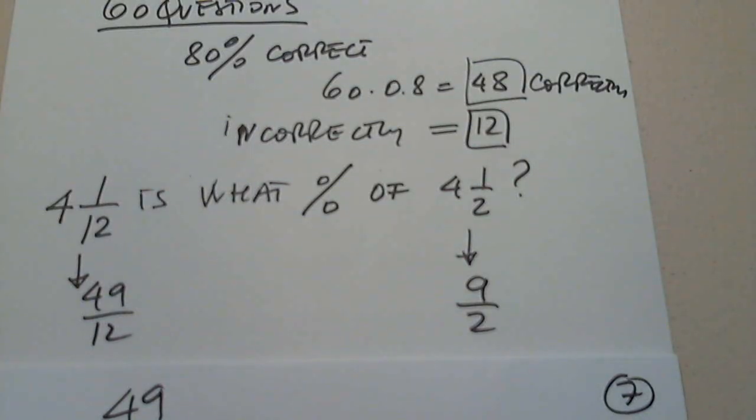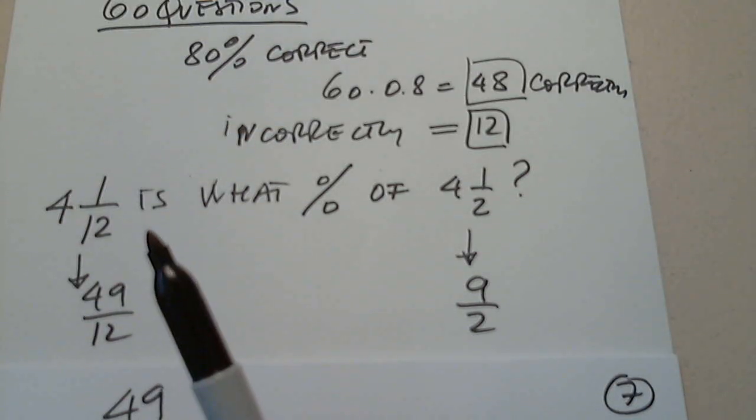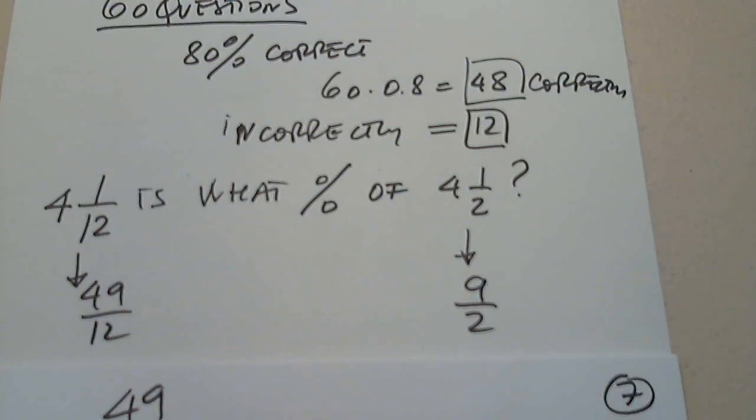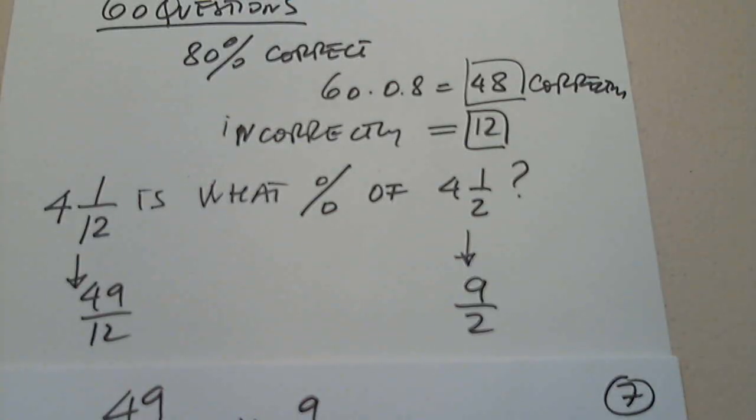How do I translate is? 49 over 12 equals x times 9/2. Yeah, so you mean equals, right? So it's x times 9/2. I agree. Good. How did we solve such an equation last time? What did we do to both sides? Multiply both sides by the common denominator.